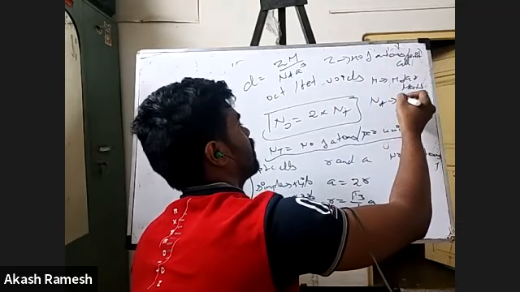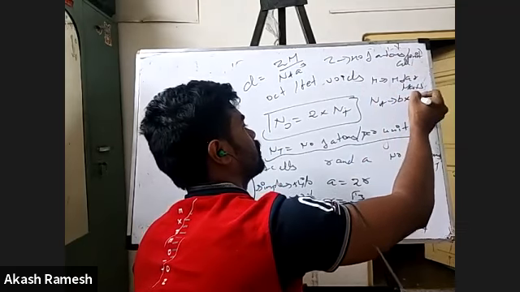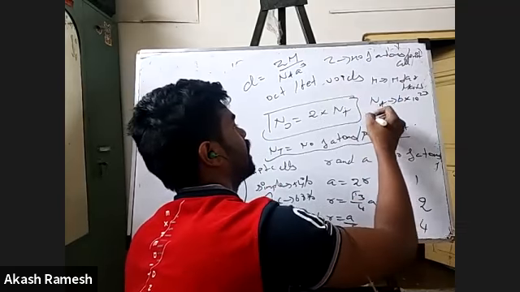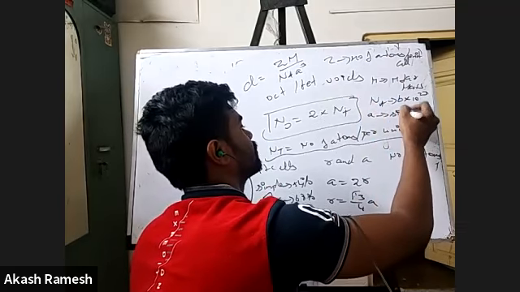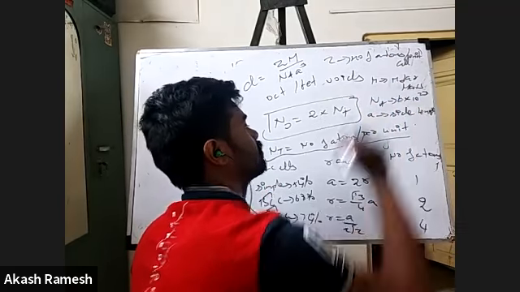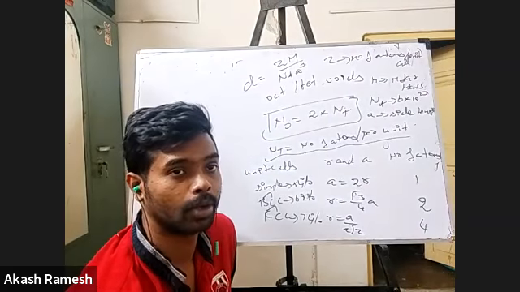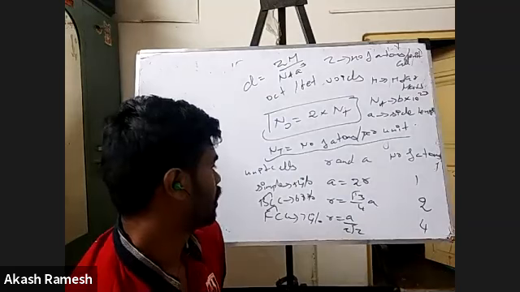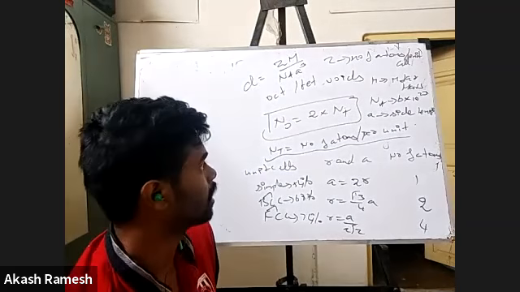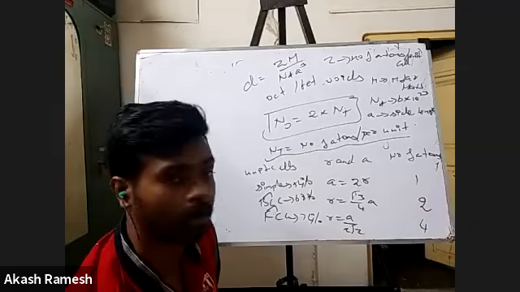Na is the Avogadro number, that is approximately 6 into 10 to the power 23, and a is the side length. Cool, right? I think that's what you need to know. Other than that, everything is okay.